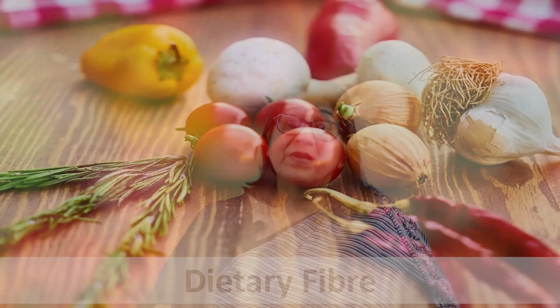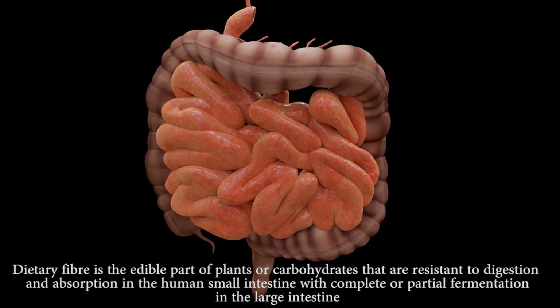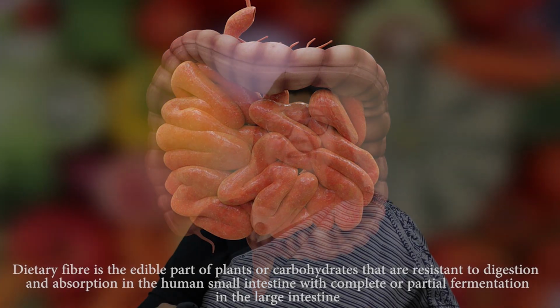Along with water, dietary fiber or the fiber present in food is a very important substance for regulating the body processes. What is dietary fiber? Dietary fiber is the edible part of plants, basically carbohydrates that are resistant to digestion and absorption in the small intestine.